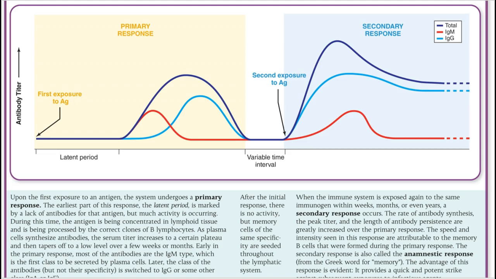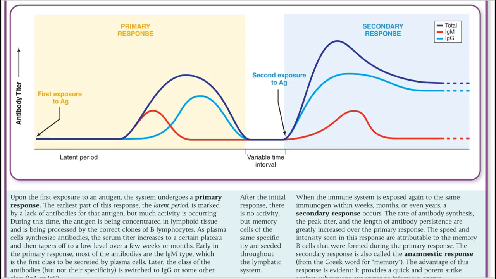In the first exposure, there is this latent period where antibodies are not being produced, but B lymphocytes have been activated, and this is where we're seeing the proliferation of clones that recognize that particular antigen.